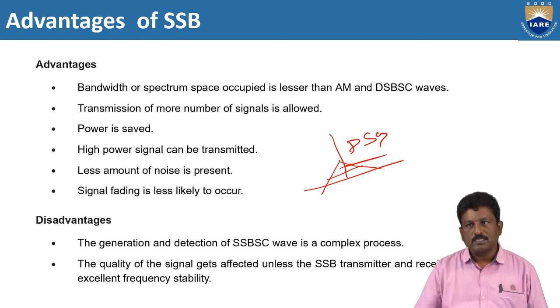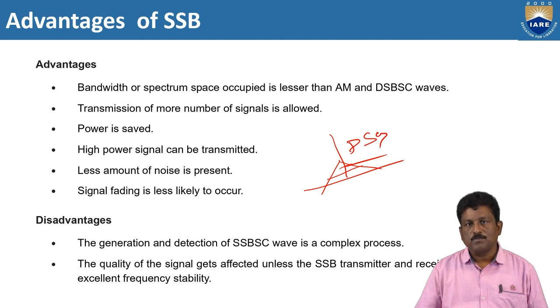So coming to the drawbacks, the generation and detection of the SSB wave is complex, because you have to arrange the generation of the carrier signal locally, with a local oscillator. Similarly, we are receiving only one sideband. With the help of the symmetrical property, you have to retrieve the other sideband. Suppose we are receiving the upper sideband; with the help of the symmetrical property, you have to retrieve the other, lower sideband.